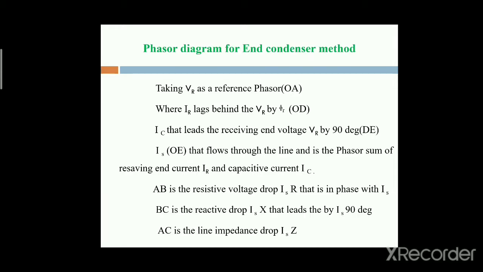Next, BC is the reactive drop, that is ISX, which leads IS by 90 degrees. Next, AC is the line impedance drop, that is IS into Z.